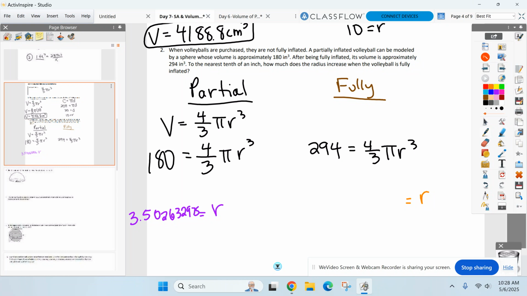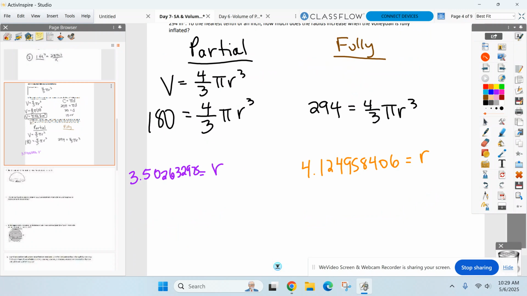Everybody, how about 4.124958406 for my radius for the fully inflated, and then you guys are going to subtract those to find what the increase in radius was to the nearest tenth.